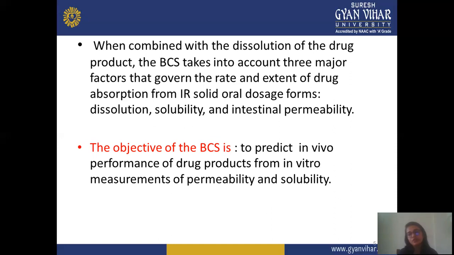By performing the in vitro test, you can reduce the in vivo testing, because before performing tests on animals, you just finalize whether your formulation is good or not by performing this in vitro test with the help of this BCS classification. If it's showing a problem, then you can change your formulation or use certain methods, and the use of animals is also reduced, because we don't directly perform the test on animals. We first perform the in vitro test, and with the help of this in vitro test data, we proceed further for the in vivo test.